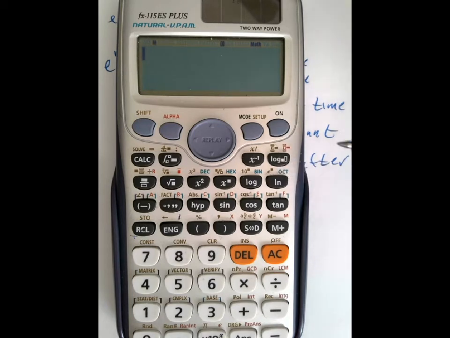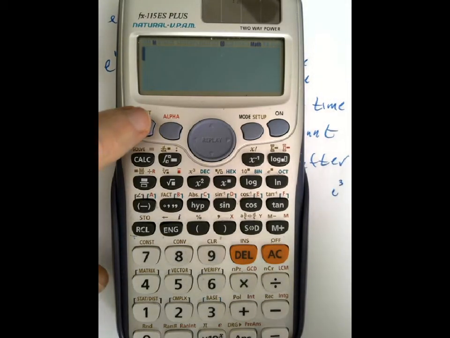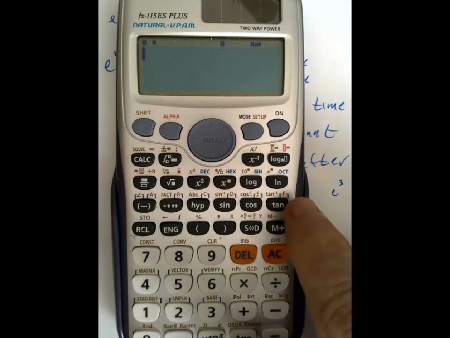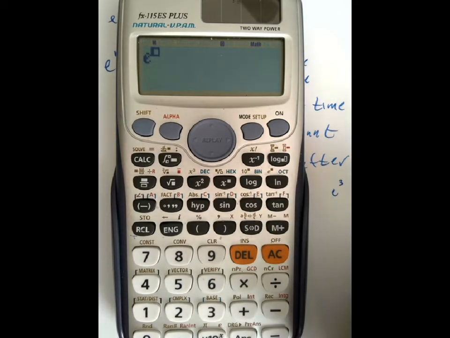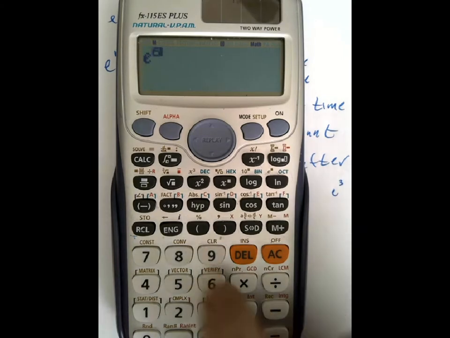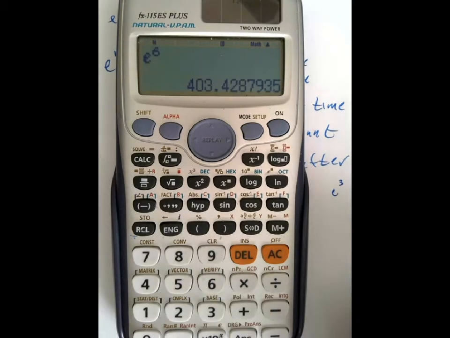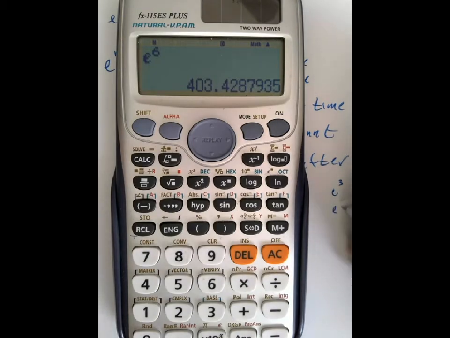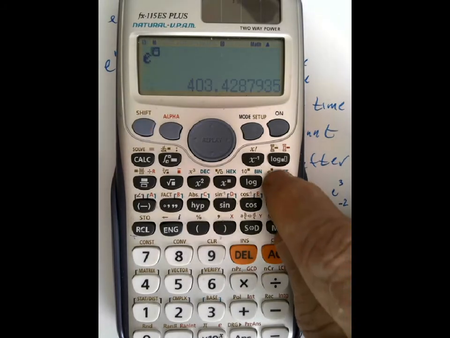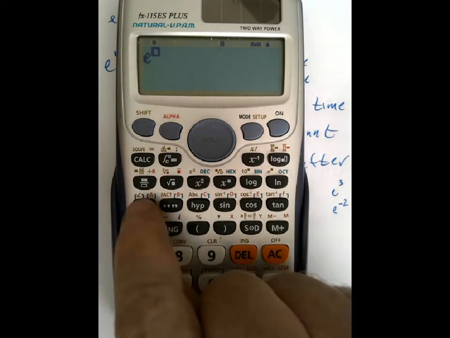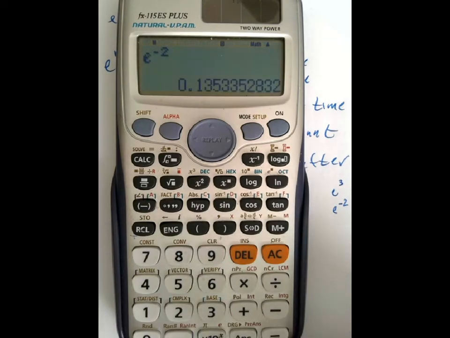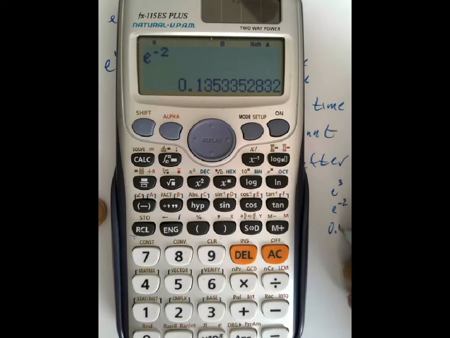So remember, if we wanted to do, say, e to the third power, on my calculator I would do second ln, which is going to put the e there, and I'm going to put 6. Right? I can also do a negative: e to the negative 2 is, notice that's a decimal, about 0.135, right?